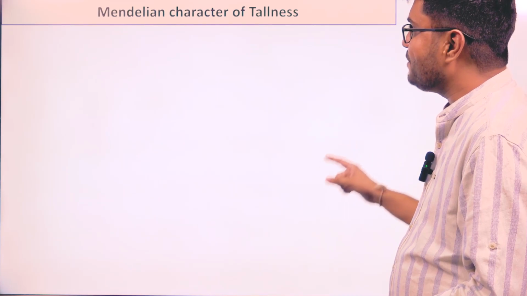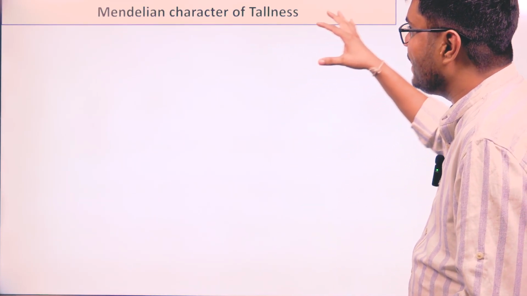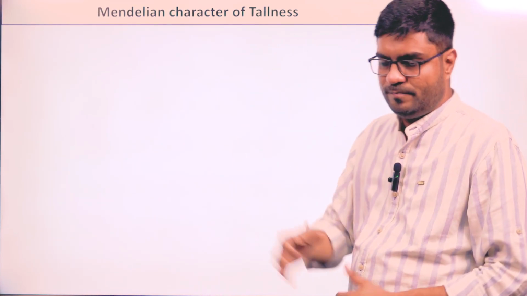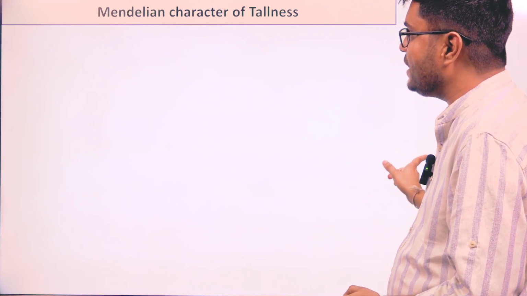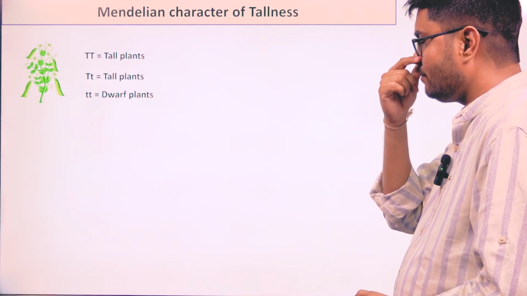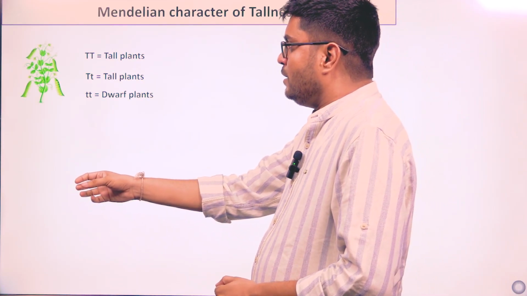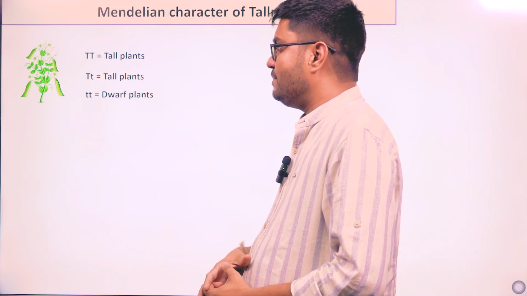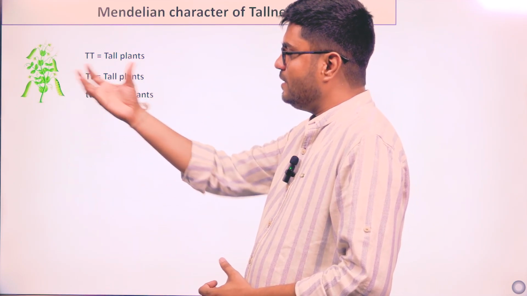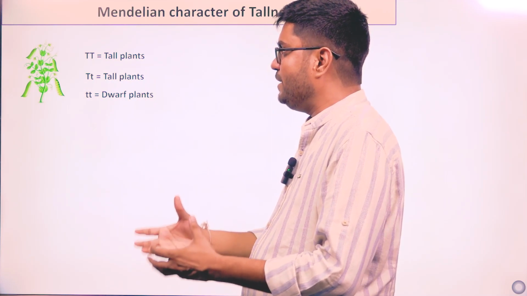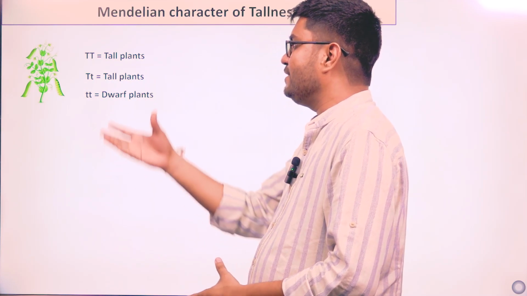The first example is the Mendelian character of tallness. I have already explained that tallness is coming because of gibberellic acid, and Mendel took the pea plant, which has three conditions.